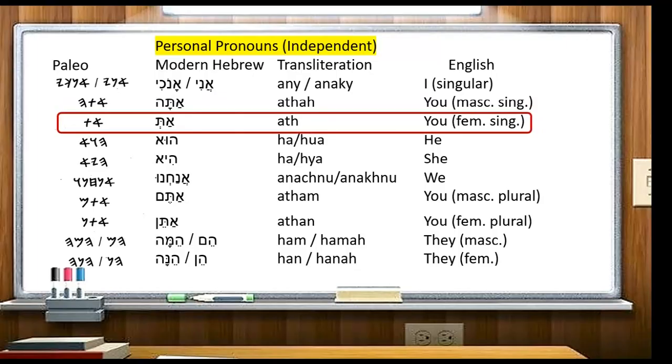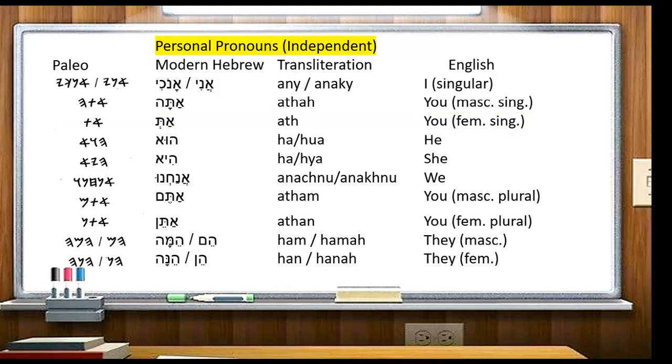Now, there are some words, though they may now have masculine or feminine variations, in previous times would only have the masculine for some words. So there would only be one word that represented whether masculine or feminine. And of course, as the language evolved, you began to have variations.